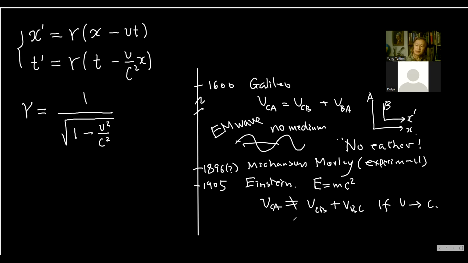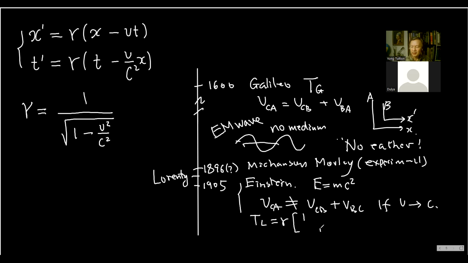Here you have to use the Lorentz transformation instead of Galileo's. Actually, Lorentz discovered this transformation before Einstein, while dealing with issues in electromagnetism. Lorentz got the idea, and Einstein simply used it. It's very famous.